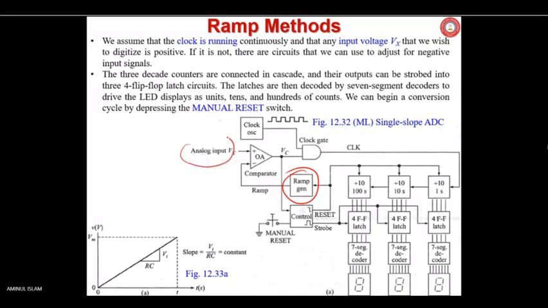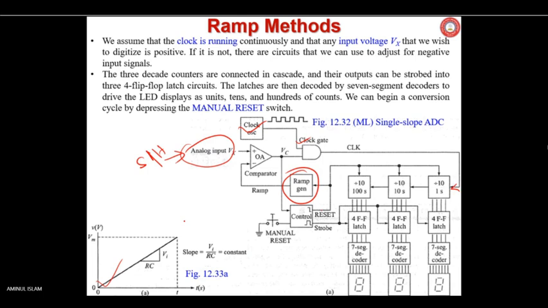Here is your analog input, which might be coming from a sample and hold circuit. A clock generator is generating the clock and applying it to the counter. There is a switch. If you press the switch, it will generate a reset, and the ramp generator and the counters will be reset, and then a ramp will start generating in this fashion.